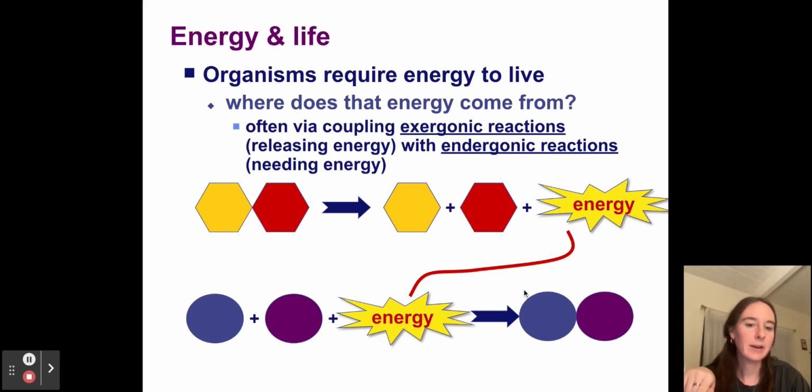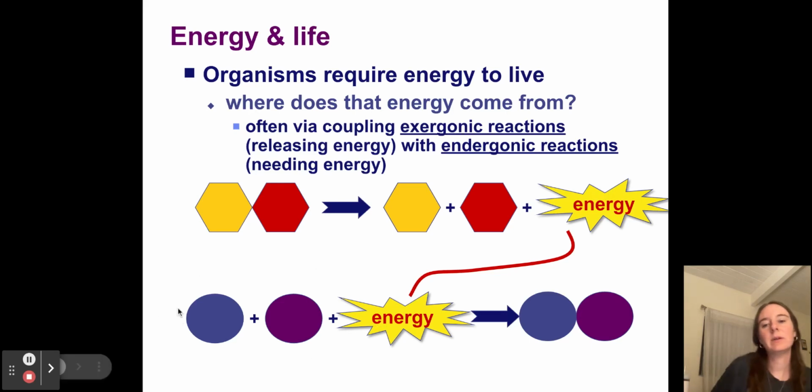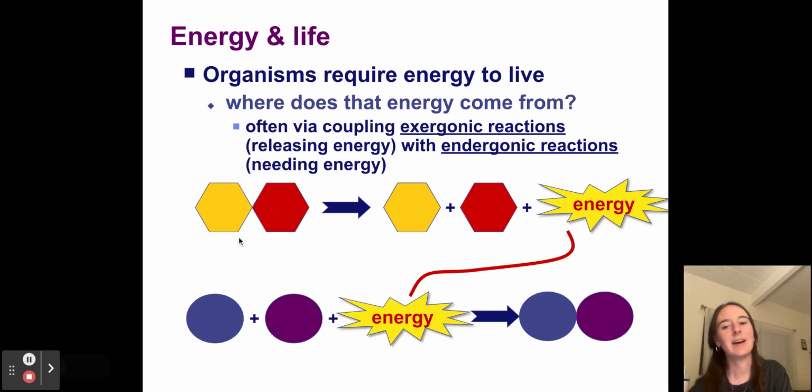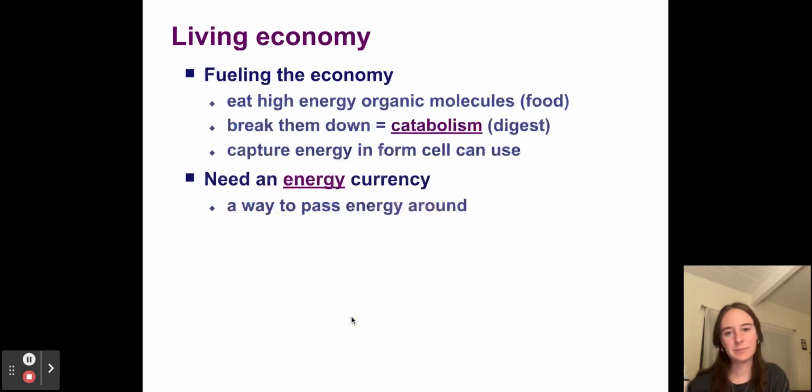So in order to make a higher energy molecule, you need to input energy. It's like a math equation, right? So molecules that are more stable, molecules that are more disordered, molecules that have more entropy. In order to build a higher energy molecule, you need to input some energy in, right? So that is why we need to break apart molecules so that we can build new ones.